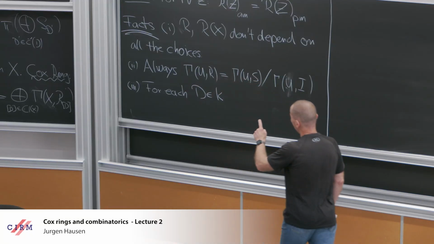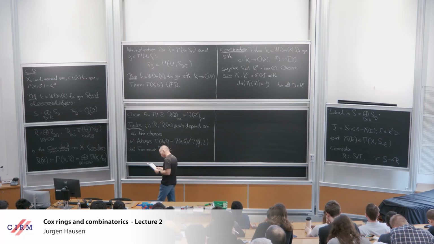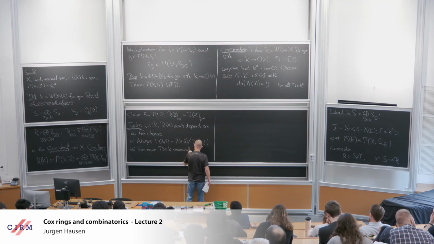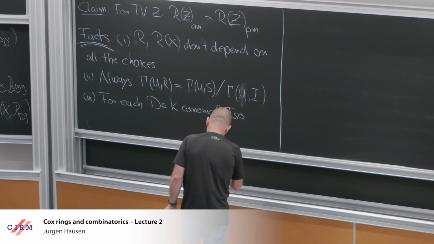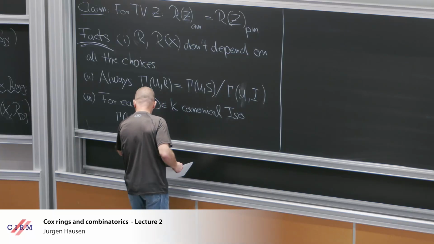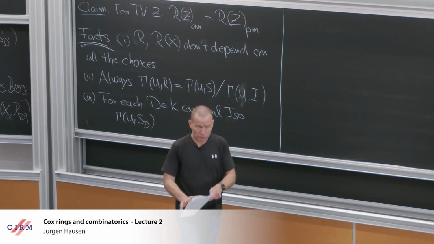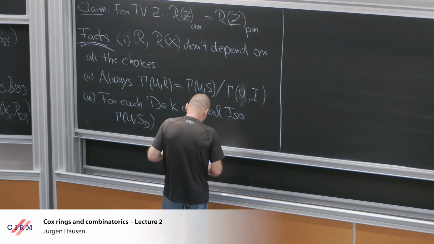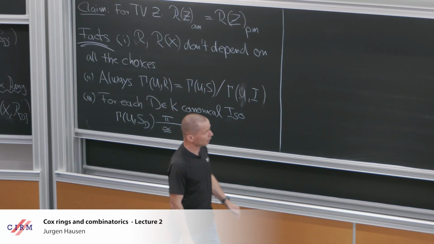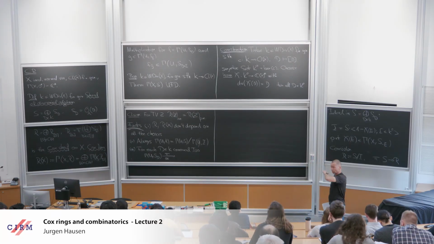For each divisor D from our group K of divisors which we fixed at the beginning of the construction, we get a canonical isomorphism of the homogeneous sections of degree D, for any open subset U. That means we are really in some O_X(D) and have some sections over some U, then that is isomorphic via the projection, pi.